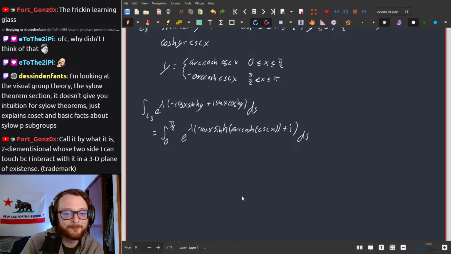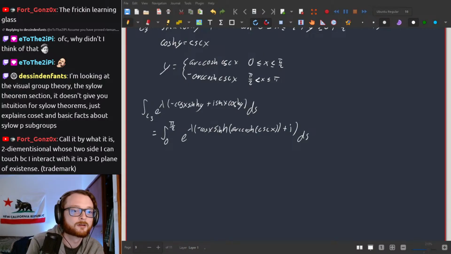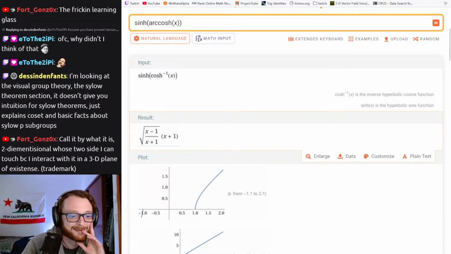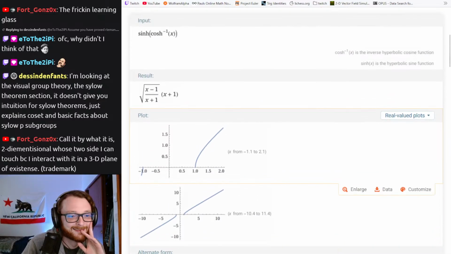Okay, I'm going to make Wolfram Alpha simplify sinh of arccosh for me. If you call that simpler, yeah. Ooh, wait.